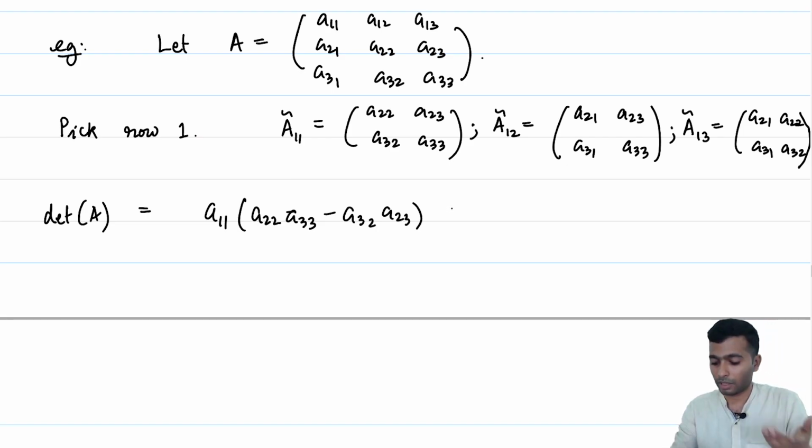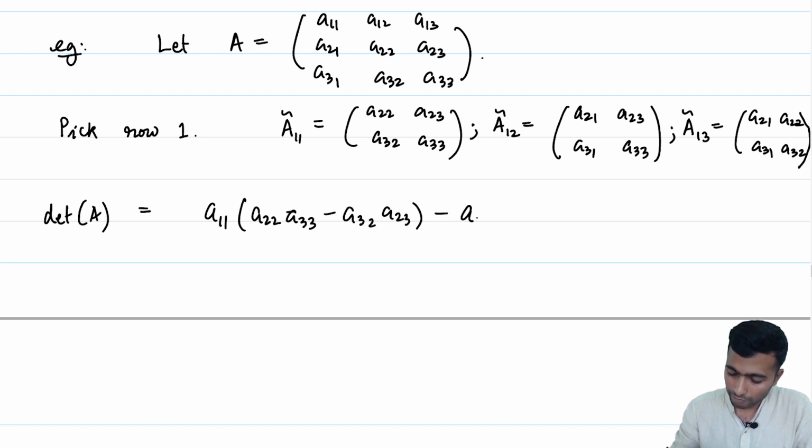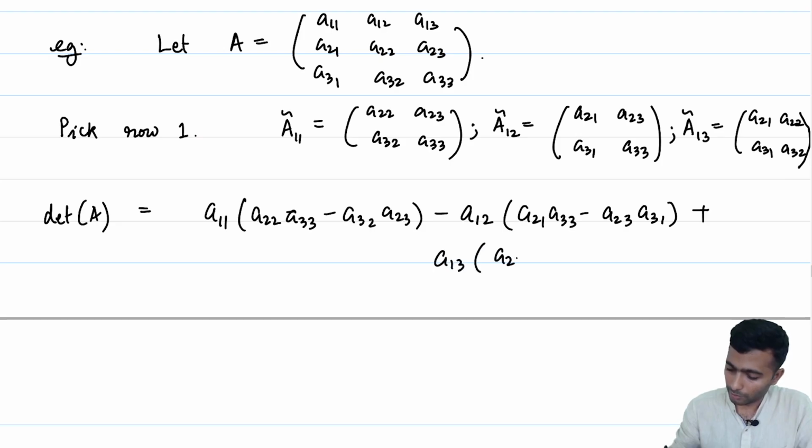Plus minus 1 to the power 1 plus 2, which is minus 1. So, minus A12 times, let me quickly write down the expression and I hope I won't make any mistake, plus A13 times A21 A32 minus A31 A22.